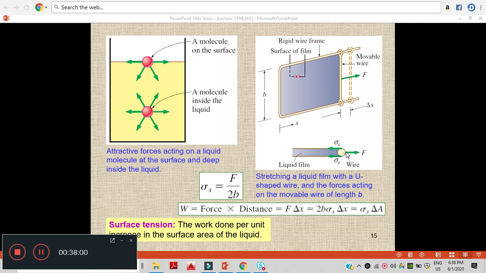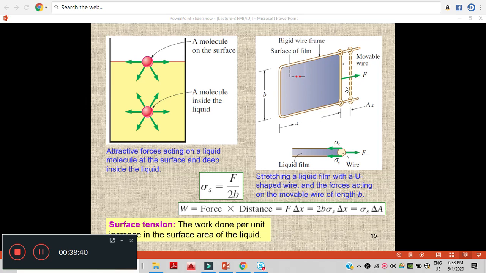If you want to calculate the amount of this force, sigma S equals the force acting over 2b, that is, acting on this side as well as the other side. This is the force opposing the applied force, and we can also calculate the work done, the applied force multiplied by the travel distance.